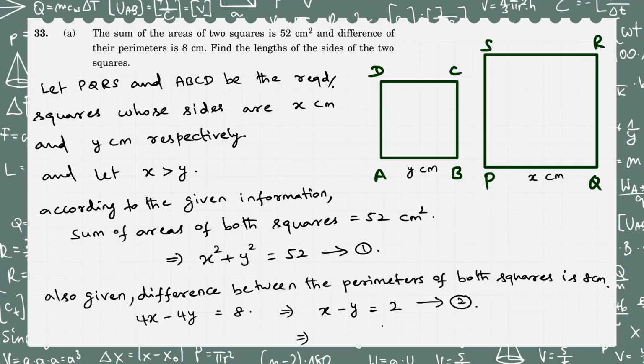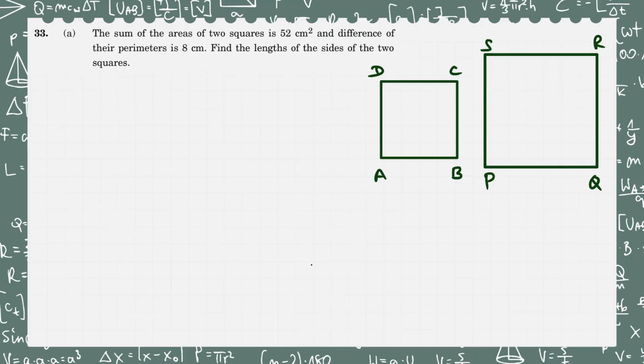This implies, we better not name it now. This implies x equal to 2 plus y. Let us name this as 2. Now we are going to use this x value in the first equation.